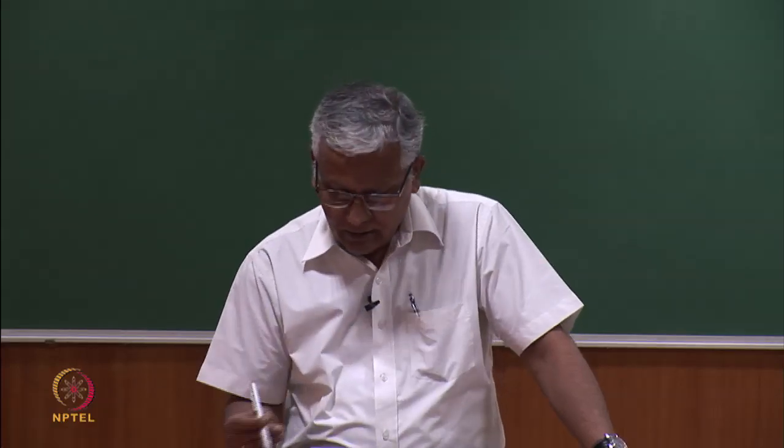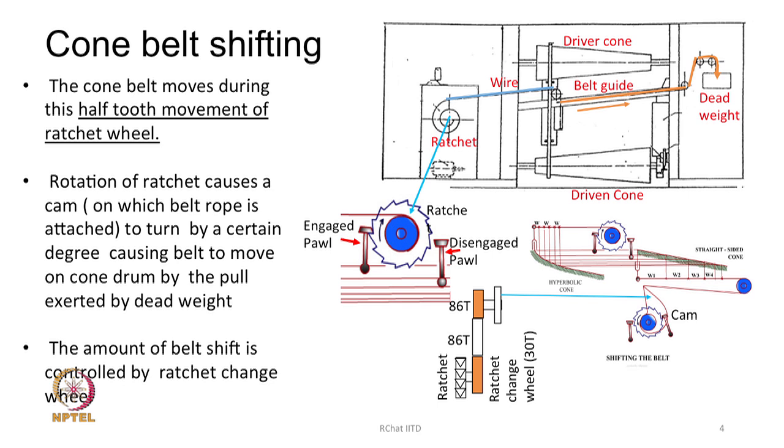As soon as the cam turns, the belt guide is going to move to the right hand side and therefore shift the belt on the cone drum. That is how the mechanism is going to work.